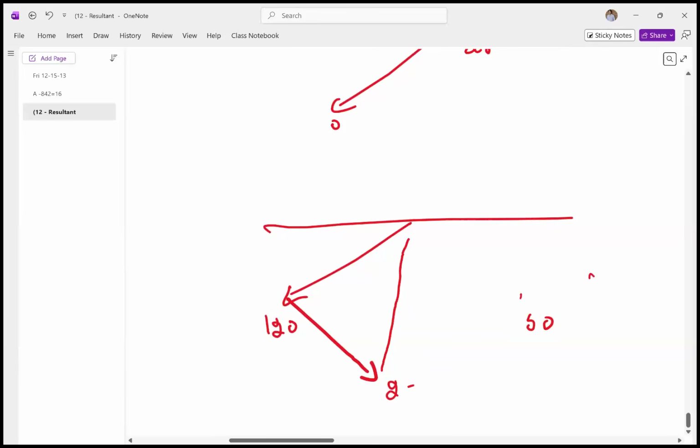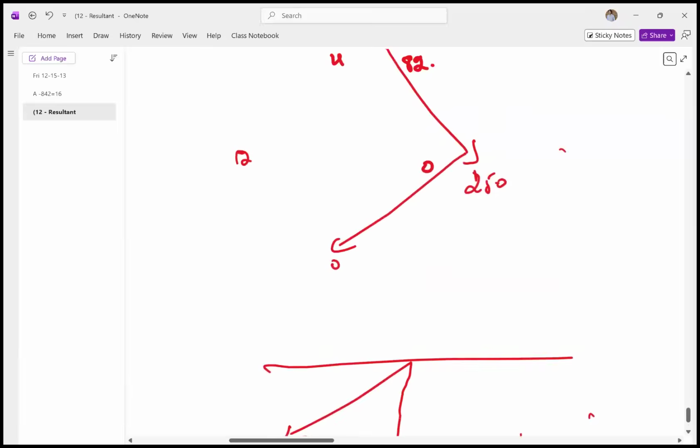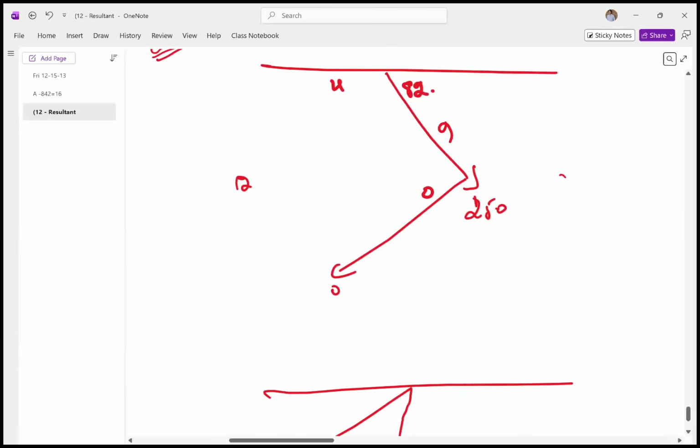This is also going to solve it. So you can do it any which way, whatever way you like. In the previous one, this was 250, and I'll erase this. This is 120, and I can complete the triangle here and find the resultant value.